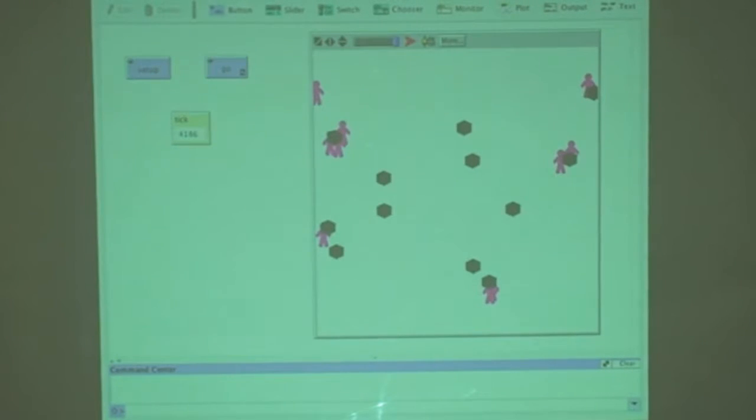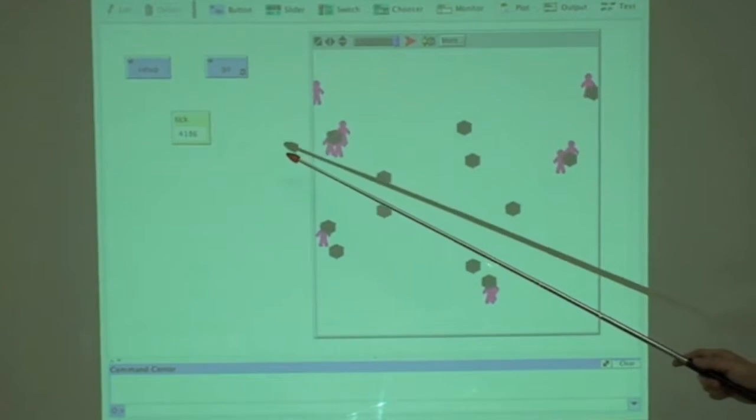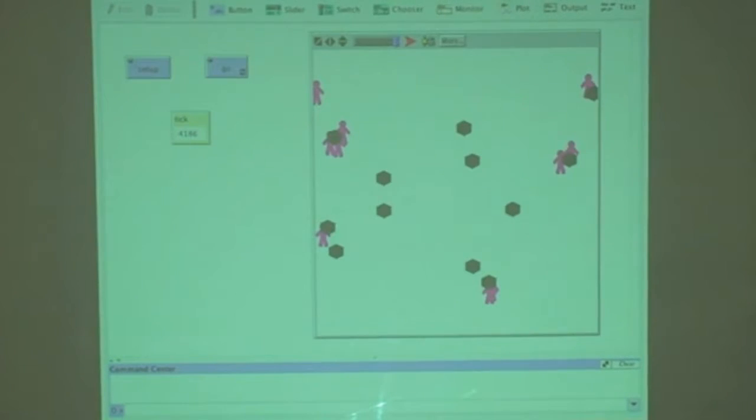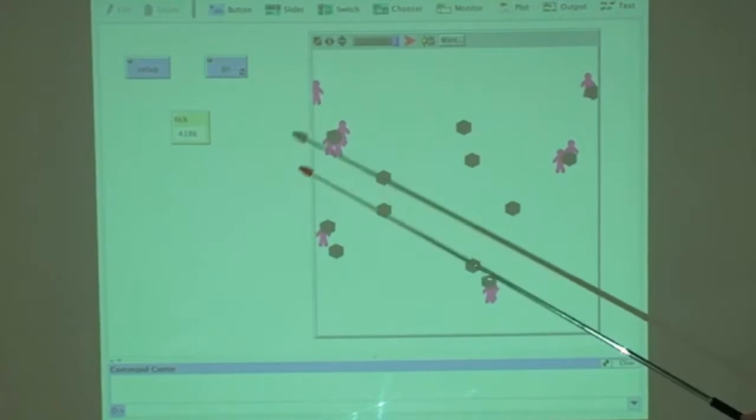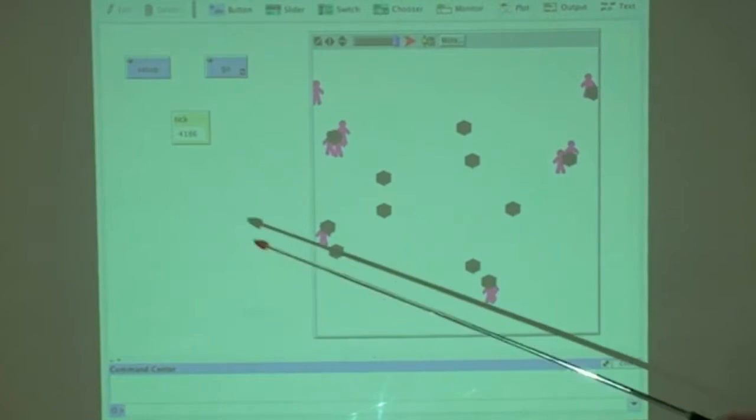Maybe there's only one shop that has it. The simulation tick is 4,186. This is so short.